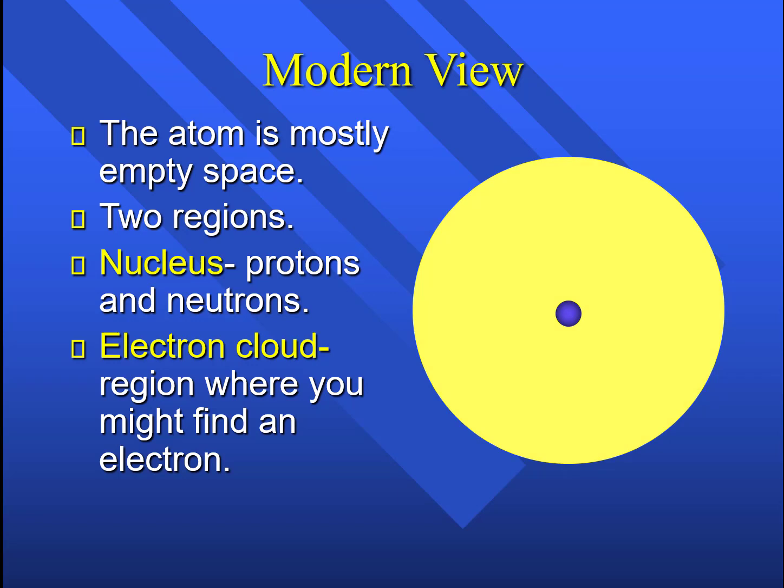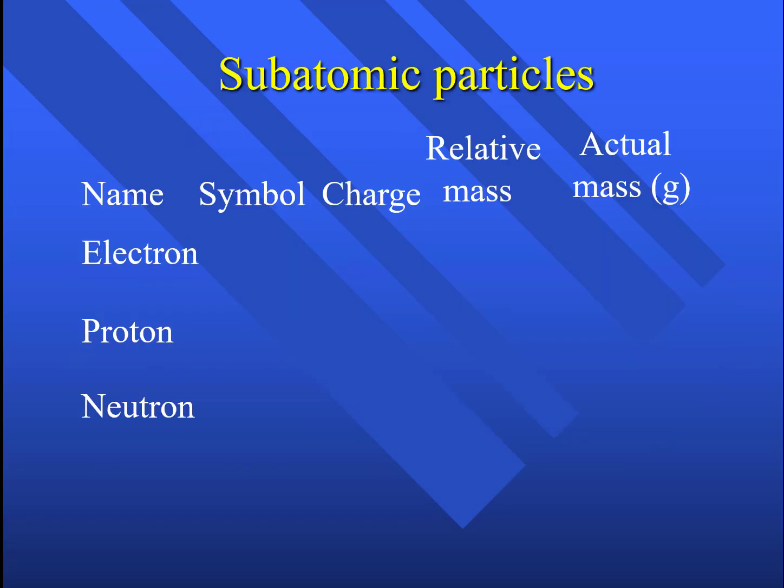Okay. So the first three subatomic particles we're learning are the electron, proton, and the neutron. Scientists are too lazy to write stuff out all the time. So instead of writing out the word electron, they will write a lowercase e with a negative as a superscript.